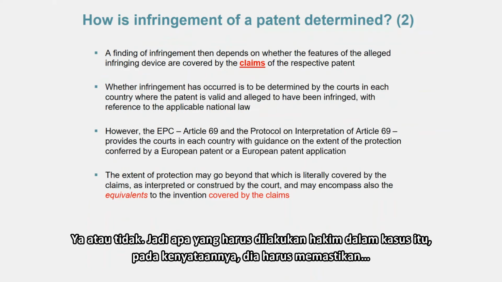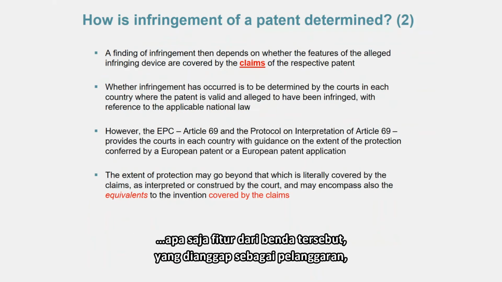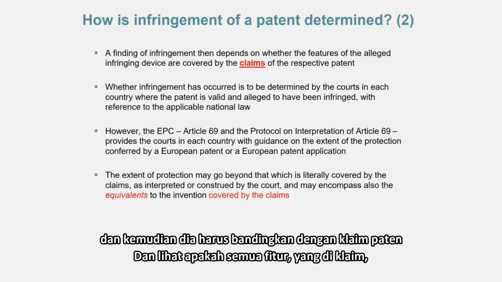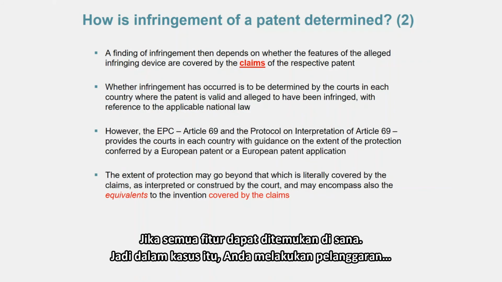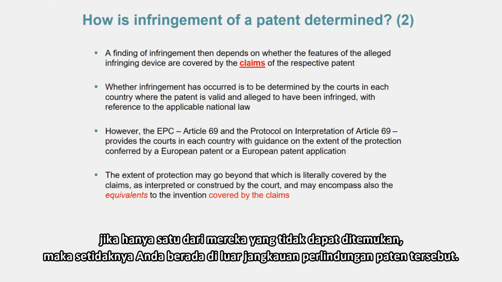So what a judge has to do in that case is make sure what the features of the object thought to be an infringement are, and then compare it to the patent claim and see if all the features in the claim can also be found exactly in that alleged device, yes or no. If all the features can be found there, in that case, you are infringing. If only one of them cannot be found, then at least you are out of the range of protection of that patent.